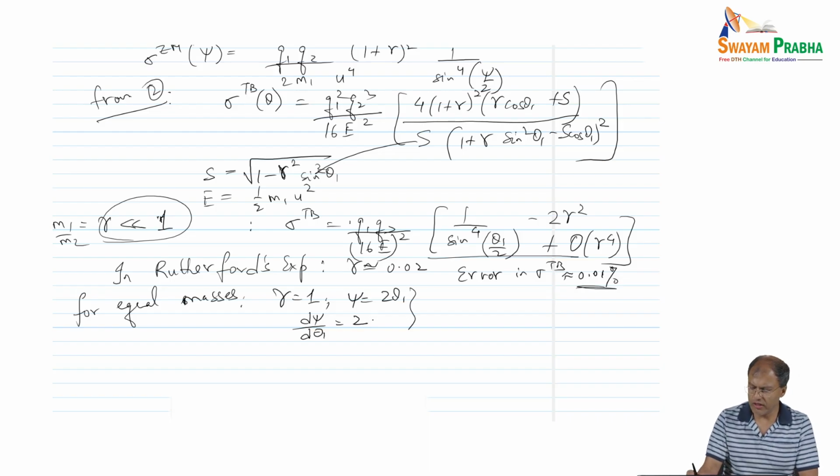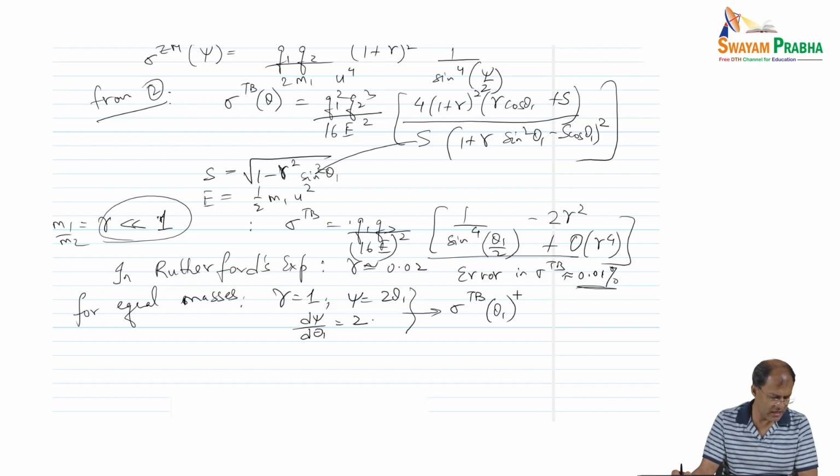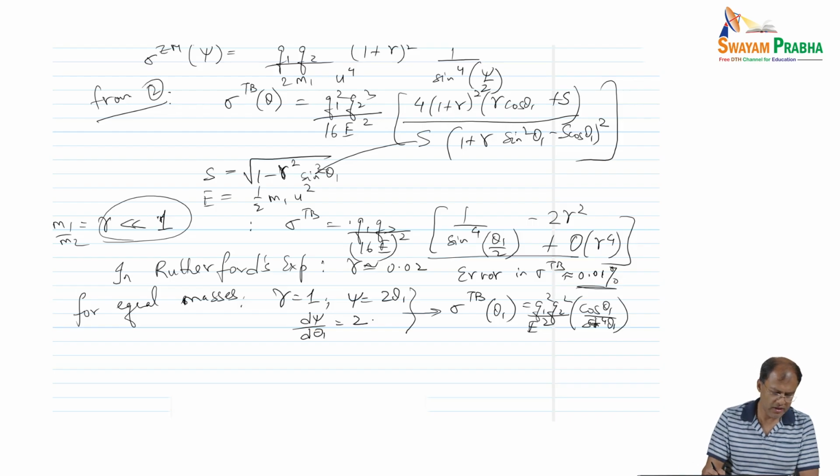So with all this simple expression, we can quickly write down the two body cross section density, sigma TB of theta 1, to be q1 square q2 square by e square times cos theta 1 by sine 4 theta 1, and we see that theta 1 lies between 0 and pi by 2, right?